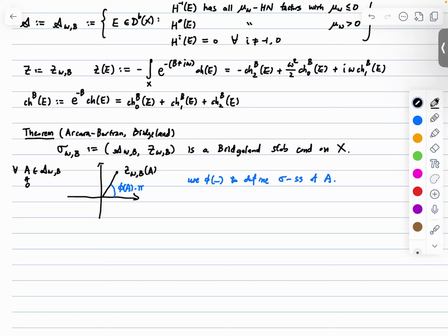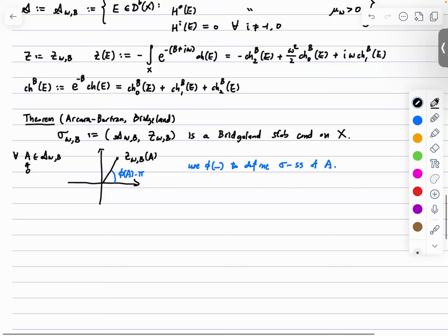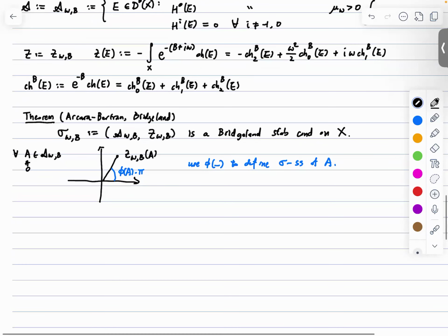So we care about the stability of the cotangent bundle, or actually the stability of the tangent bundle on some surfaces. And this is a reason why we care about the Bridgeland stability of the cotangent or the tangent bundle. So this is the motivation for the next part of the talk.